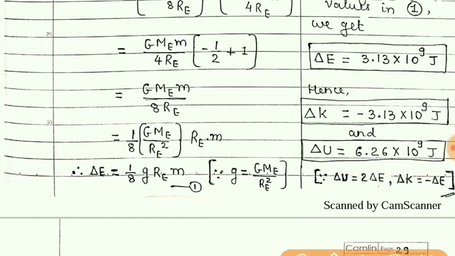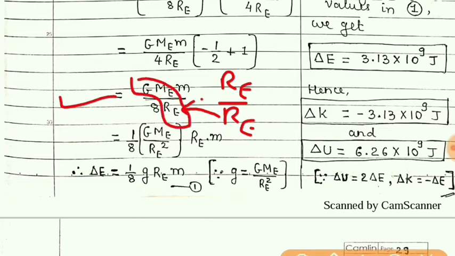Now students, this is the change in the energy. But if you want to make it simpler, then if we multiply Re in the denominator and in the numerator, this will become Re square. And we know that GME upon Re square is nothing but small g.